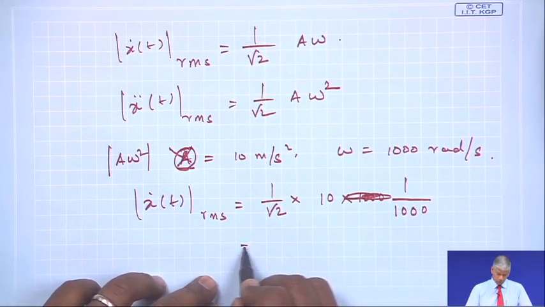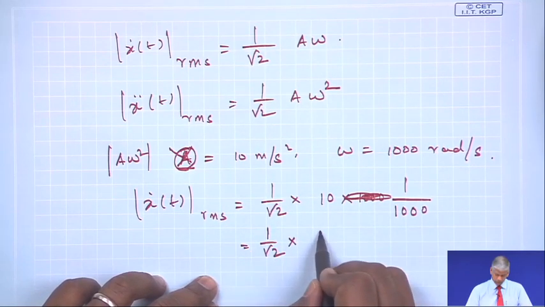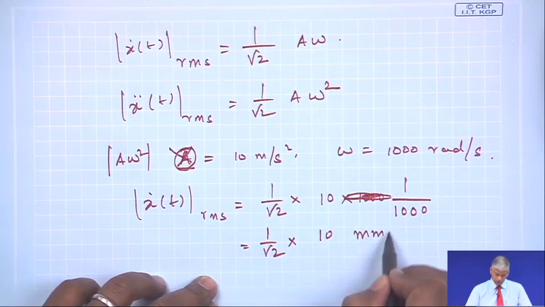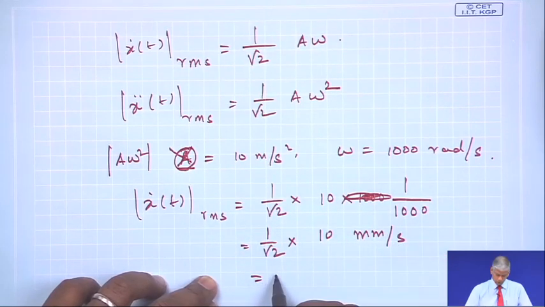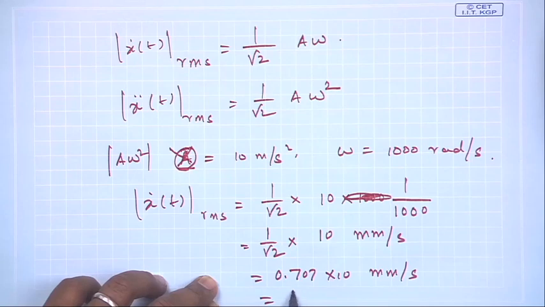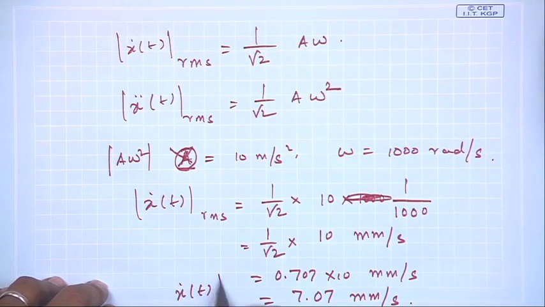So, this becomes 1 by root 2 times 10 by 1000. This was in meters per second square. So, this is 10 millimeters per second. So, this is 0.707 times 10 millimeters per second. So, this becomes 7.07 millimeters per second. Okay. So, x dot t RMS is the first answer.